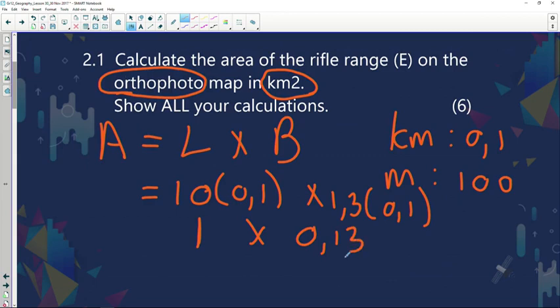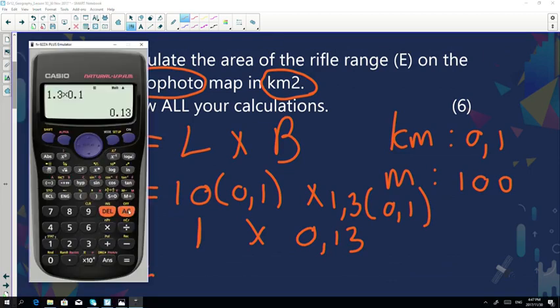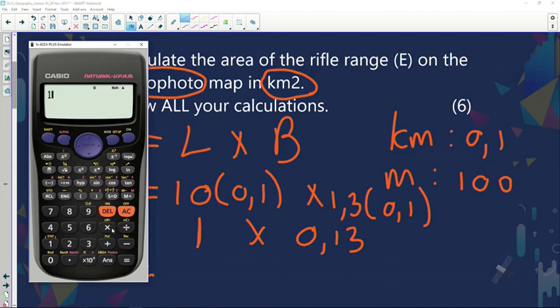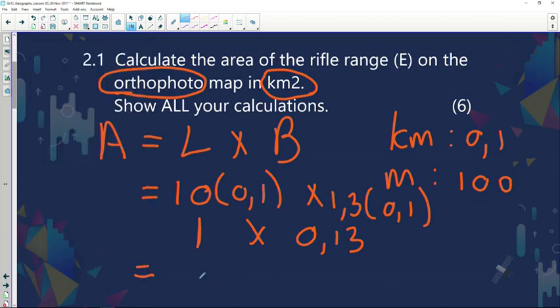Now we need to calculate our final result between the two of them, and use your calculator once again. 1 times 0,13, and you get your answer is 0,13 square kilometers. Remember your square kilometers, or else you're going to be penalized with a mark.